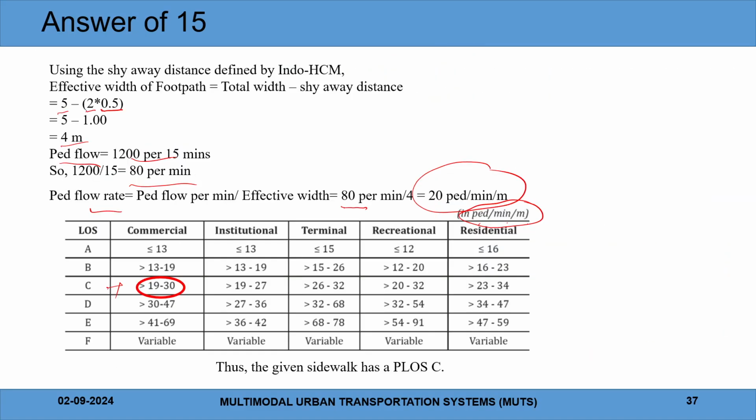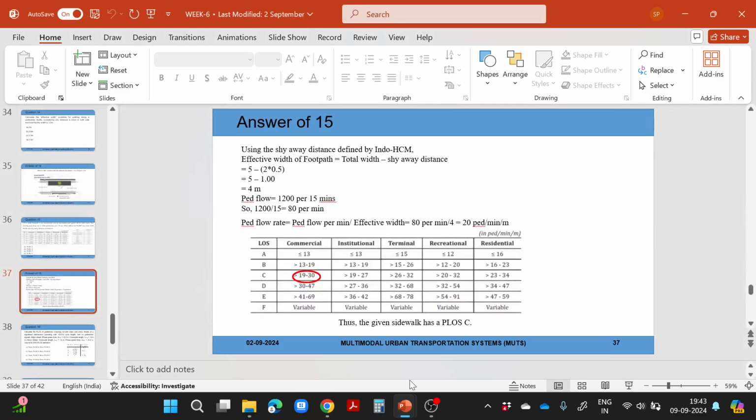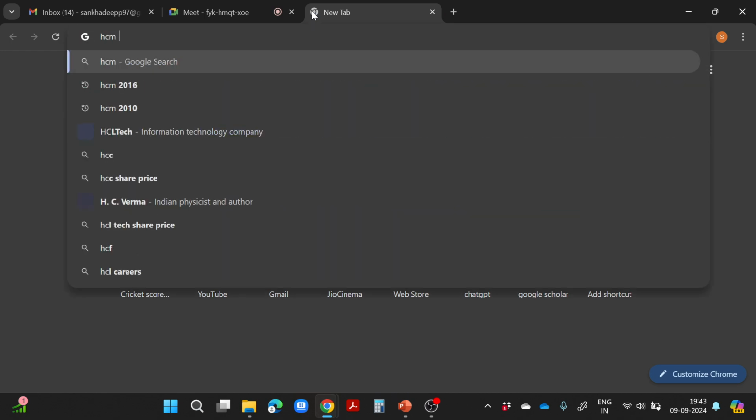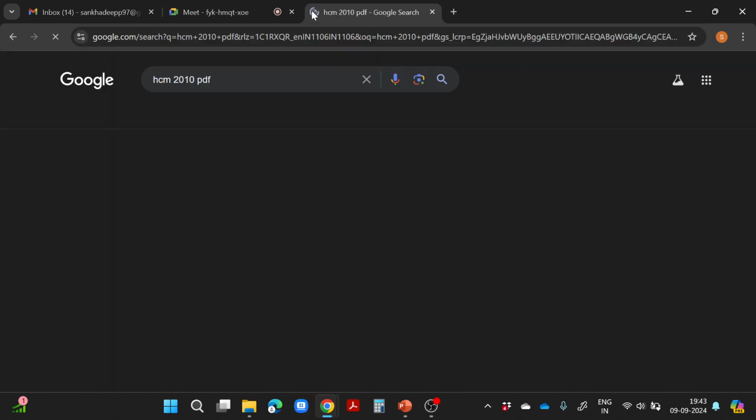You can search, last day I searched HCM 2010 PDF, and that one is available.